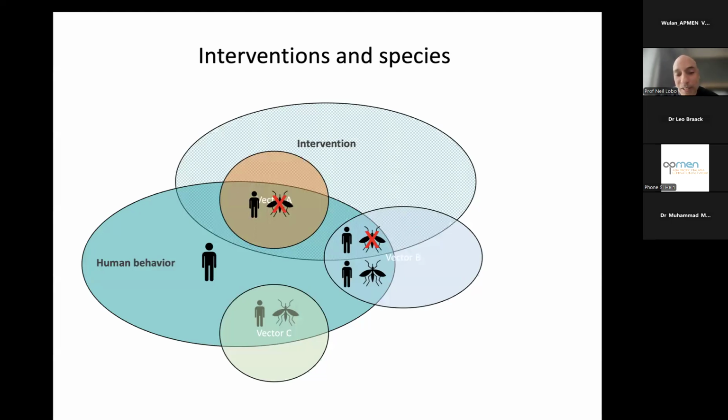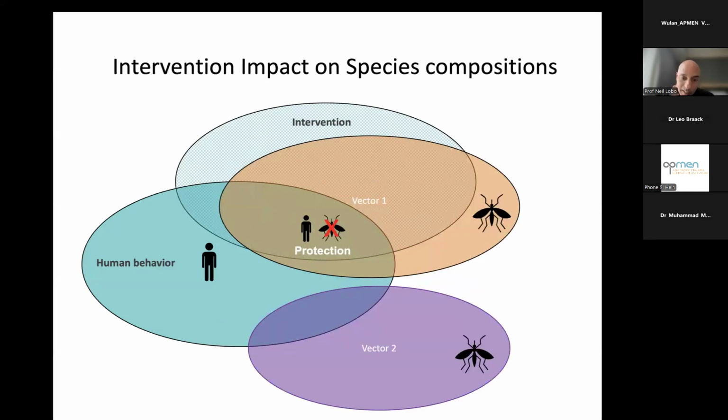But you can focus on the major vectors. So when you look at species composition, for example, now you have vector 1 up here that overlaps with your intervention, and vector 2 down here that has no impact from the intervention, right? So in your previous figure, in this figure, your vector 1 is up here, and now you implement an intervention. What happens? You're impacting that vector.